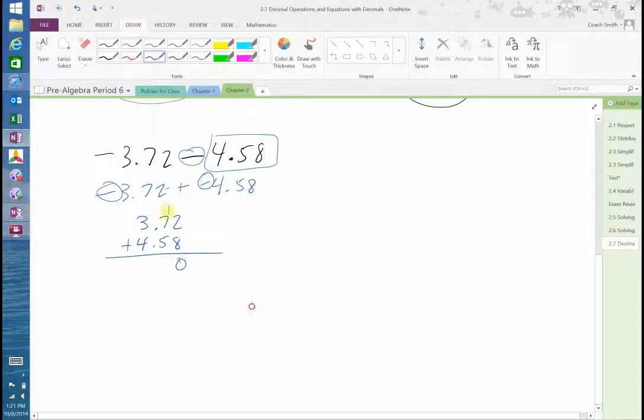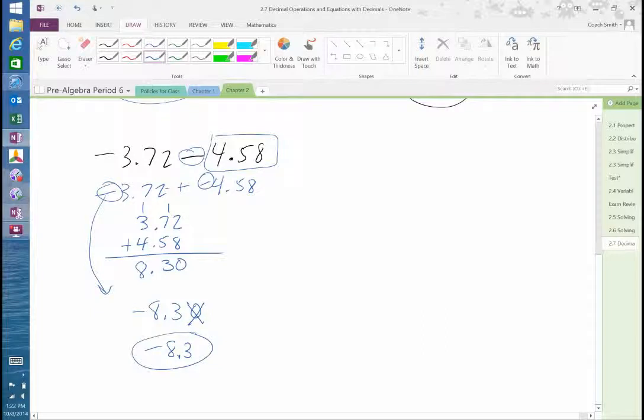That's 0, carry my 1. That would be 13, carry my 1. And that would be 8. Bring down the decimal. So I have 8.30, and I keep the negative sign. Now, that 0 does not matter. So negative 8.3. You need to get in the habit of doing that.